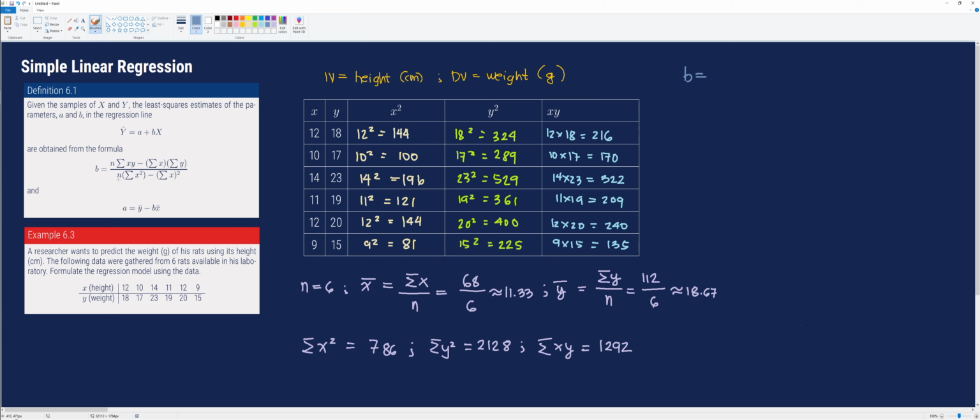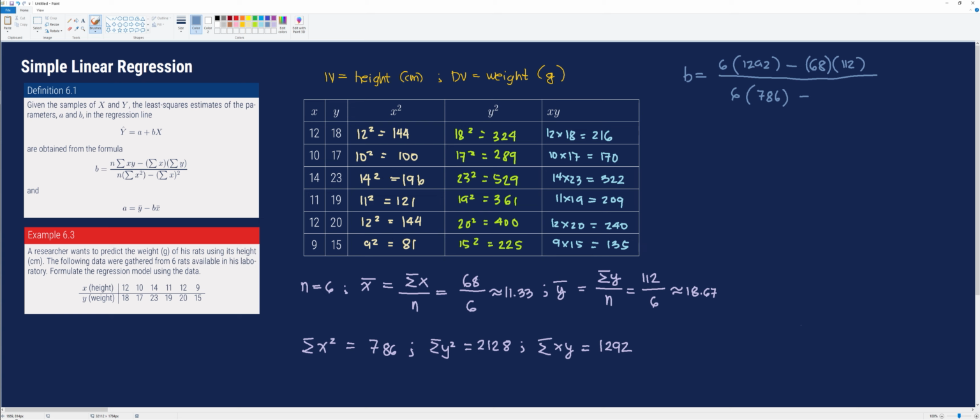So b is equal to n, which is equal to 6, times the summation of x times y, which is equal to 1,292, minus the summation of x, which is equal to 68, times the summation of y, which is equal to 112, all over n, which is 6, times the summation of x squared, that's 786, minus the summation of x, then squared.